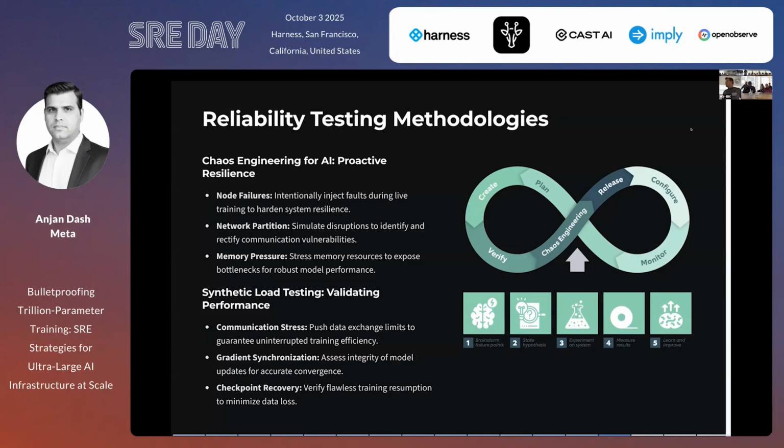The third one is checkpoint recovery. Your checkpoints are getting created, but if anything goes wrong, can you actually recover from them? The checkpoint should load the state correctly and recover from whatever state it was. This is very critical before you embark on this journey of training.